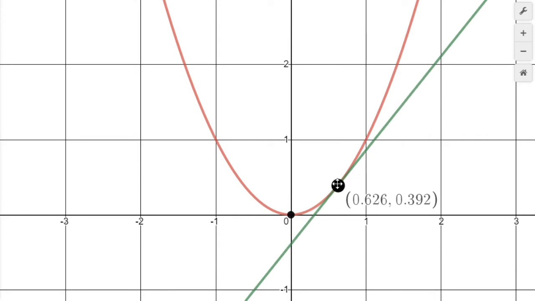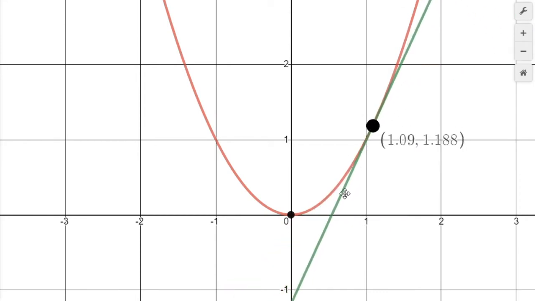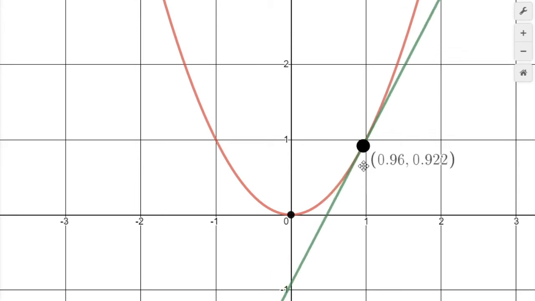No matter where I put it, as long as I stay to the right hand side of x equals 0, my tangent line has a positive slope. Any tangent line to the right hand side of this graph is a line that's rising up, pointing up.